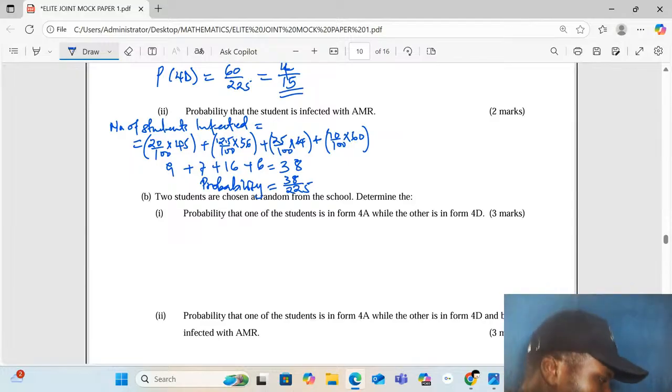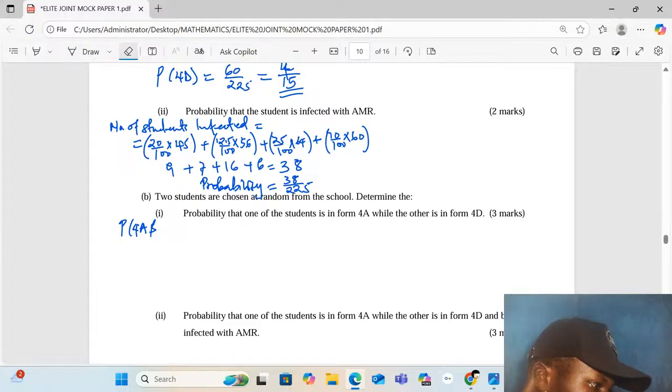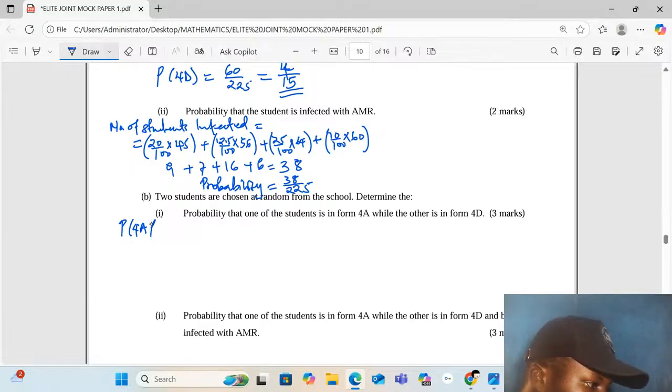So we are going to have the probability of choosing Form 4A, and the next one is in Form 4D.